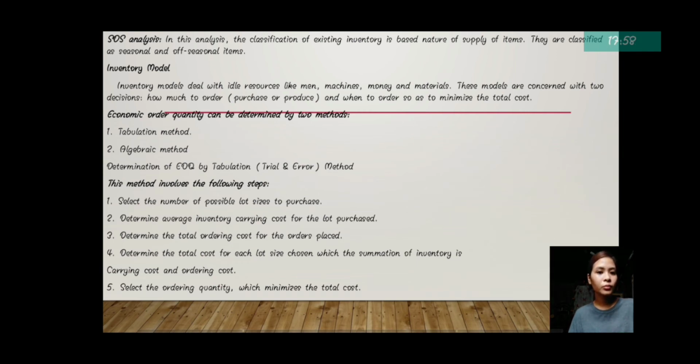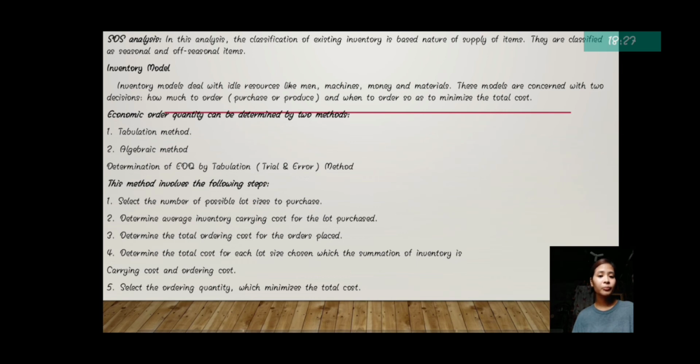Determination of EOQ by tabulation or trial and error method. This method involves the following steps. First, select the number of possible lot sizes to purchase. Then determine the average inventory carrying cost for the lot purchase. Then determine the total ordering cost for the orders placed.